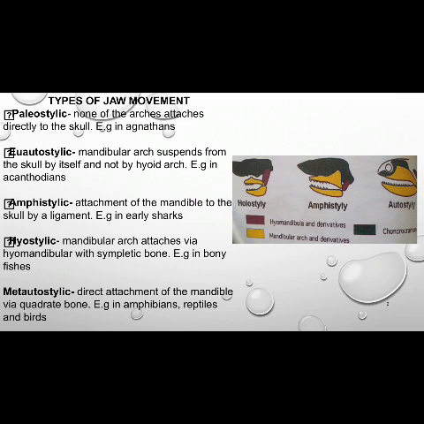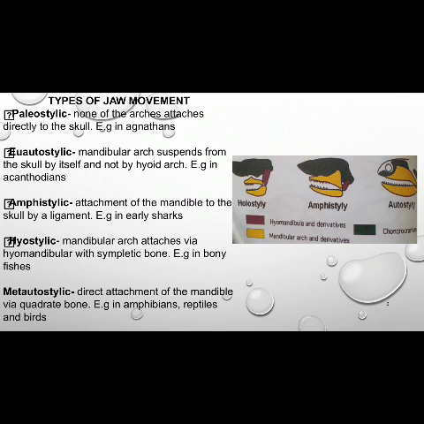What do we mean when we say a vertebrate is autostylic? An autostylic vertebrate has a mandibular arch which suspends from the skull by itself, and not by the hyoid bone.